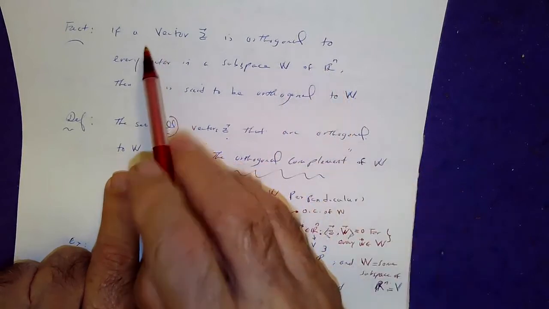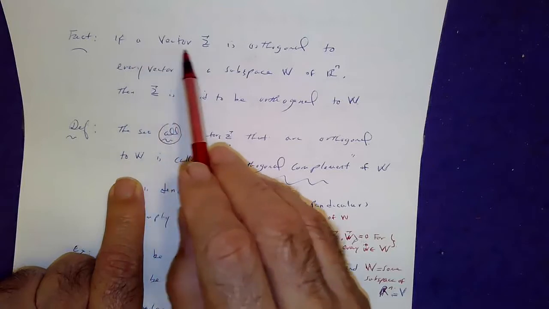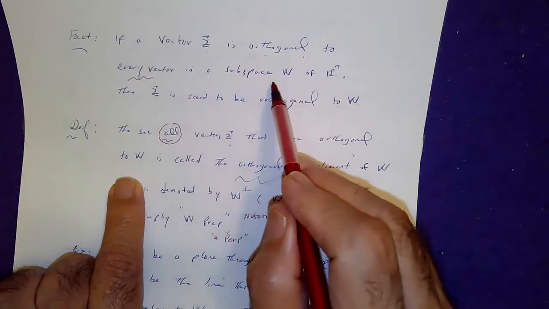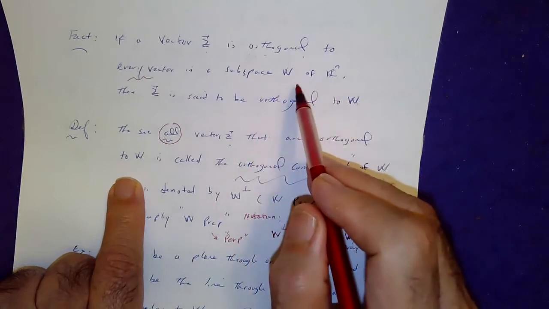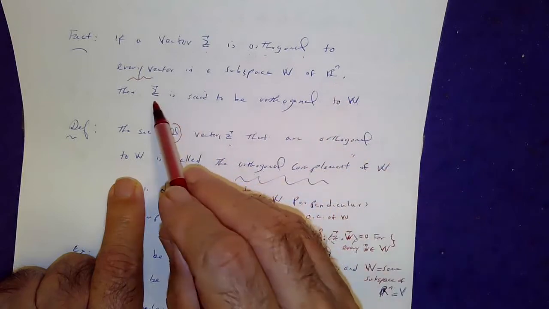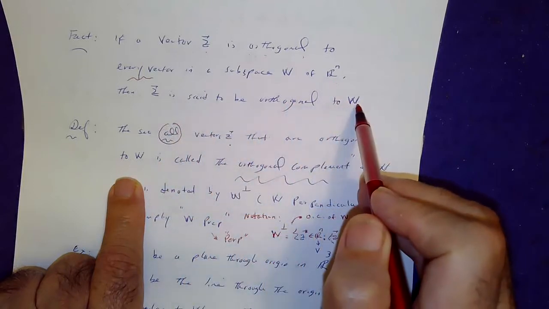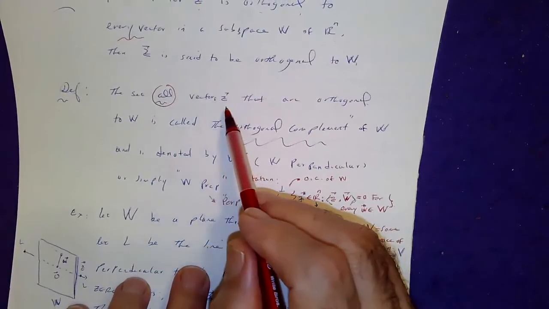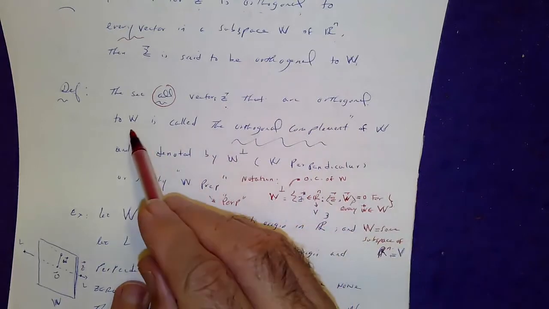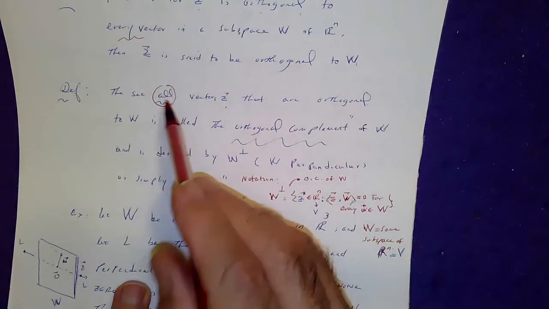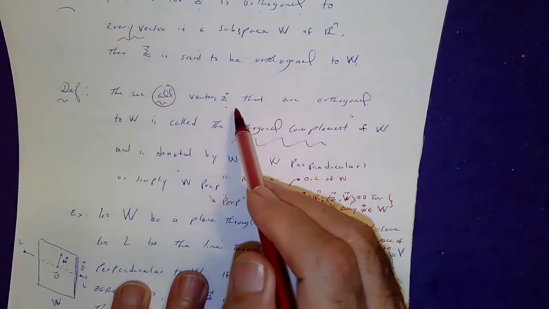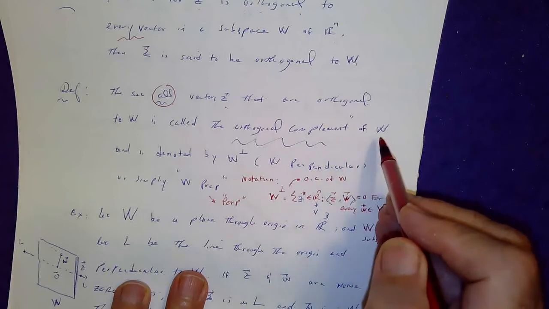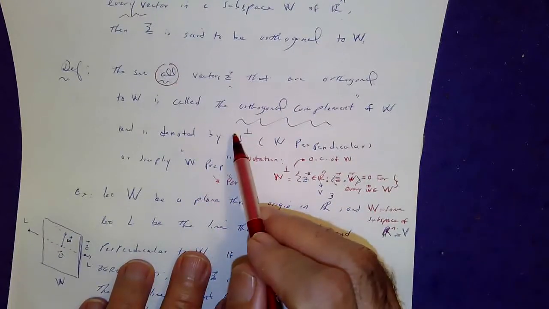So maybe I should define this first. If vector z is orthogonal to every vector in a subspace W of Rn, then z is said to be orthogonal to the subspace W. However, the set of all vectors z that are orthogonal to W, all vectors, not just a single vector, is called the orthogonal complement of W, and it's denoted by this notation.